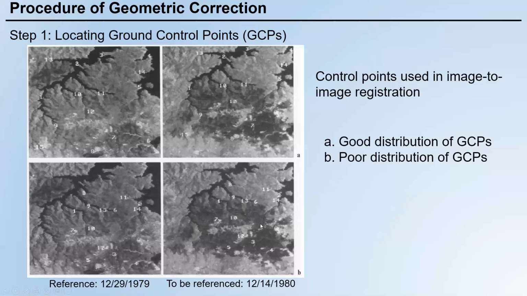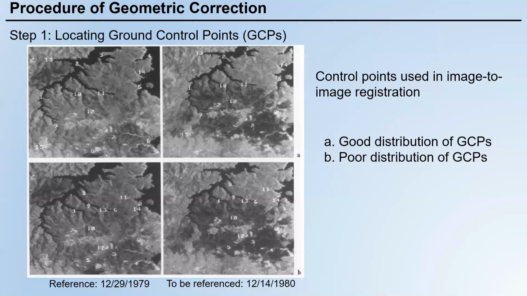So what I'm trying to say here is that when you find GCPs, you want to make sure there are at least a dozen of them. The more the better, but not too many. I think 2 dozens would be good enough if you do not require very accurate geometric correction. It depends.